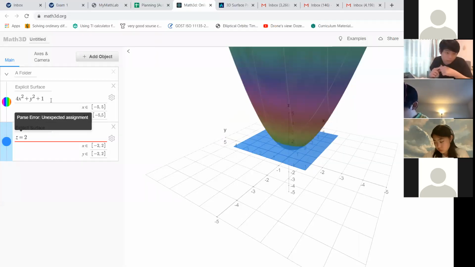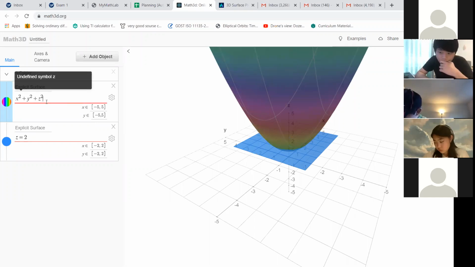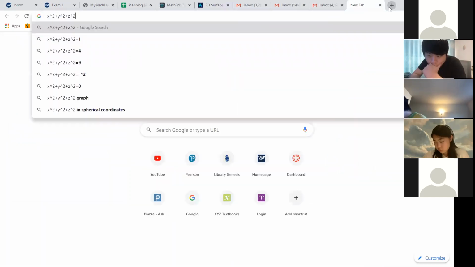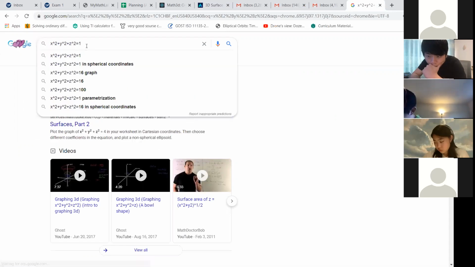So to graph this function, you get x squared plus y squared plus z squared equals 1.